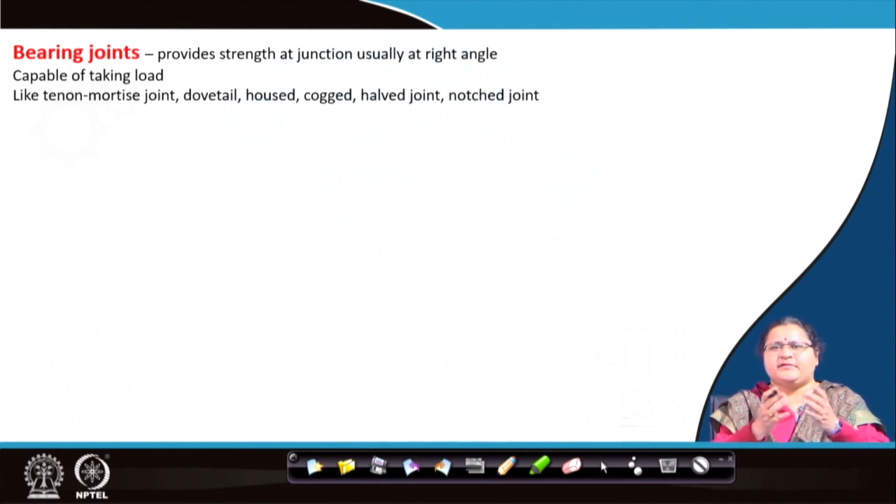So, one member may be very heavy, into it a new member sits inside, that is called housed joint. We have bird mouth joint, notched joint, haft joint. So, there are several, but what is more to be kept in mind is that in bearing joints, the weakening of the joint cannot be allowed.